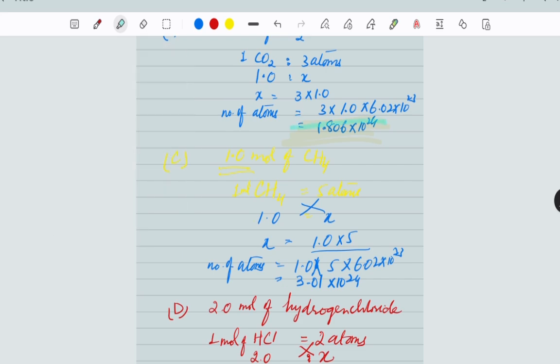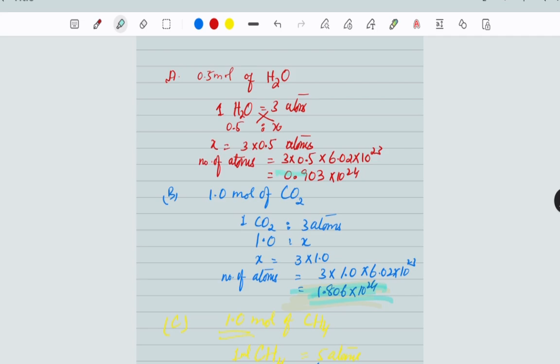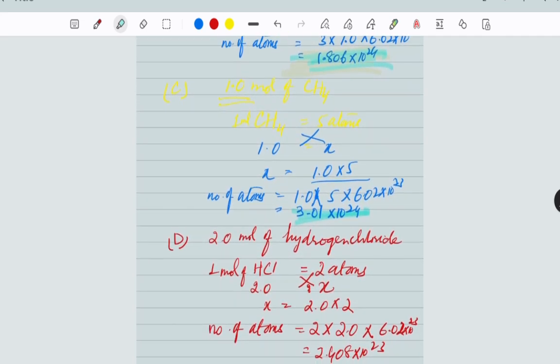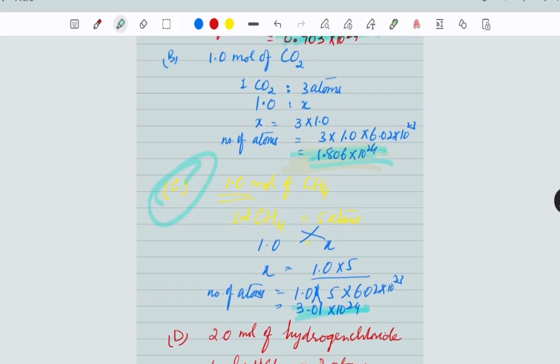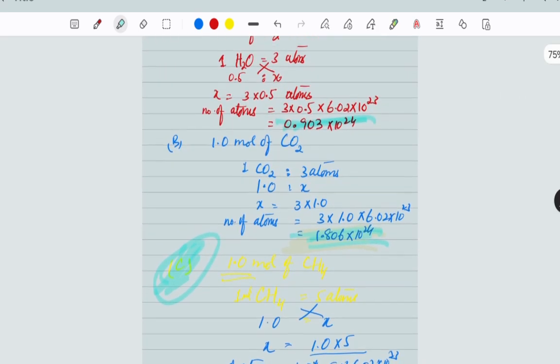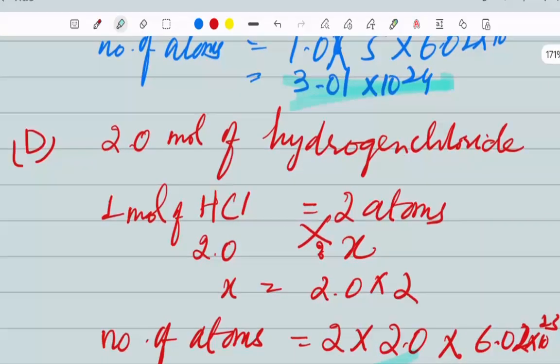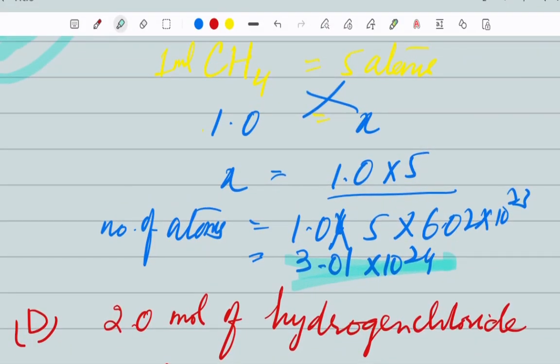So check, is this the highest number? Let me check the A, 0.9, then 1.86, then 3.01, then 2.4. So this C part will have the highest number. If you see the steps, you can check accordingly that the C part will have the highest number of atoms.